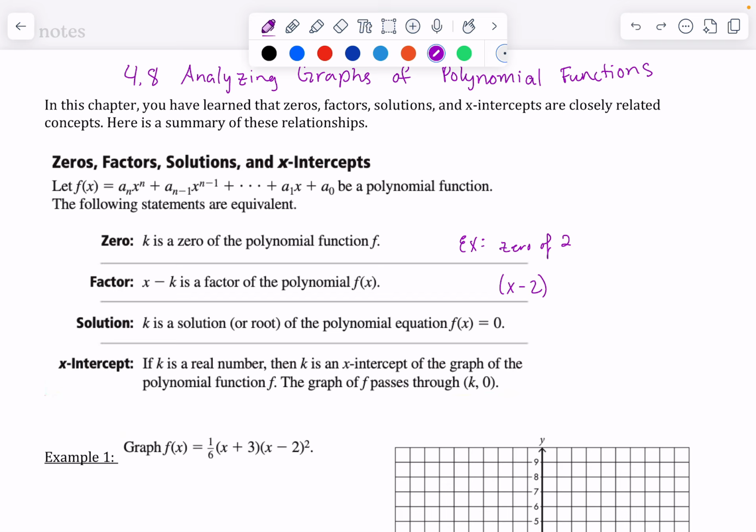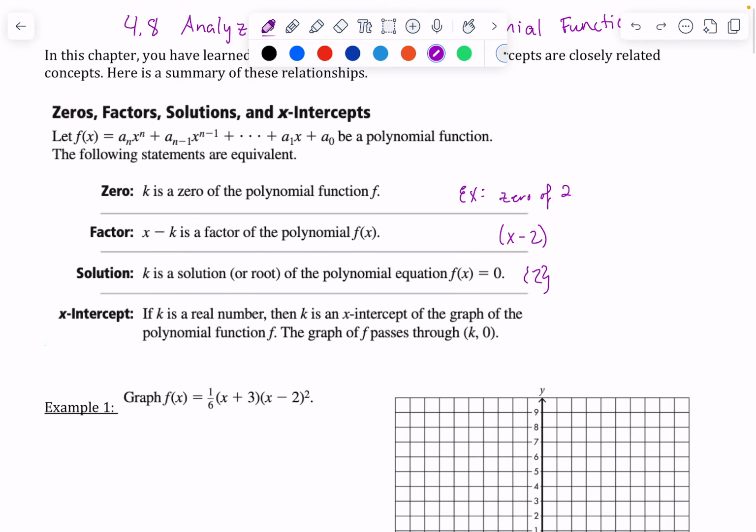I also know that the solution to the equation, or to the polynomial, is 2. So k is also a solution or a root of the function. And lastly, I know that (2, 0) is an x-intercept of the function.